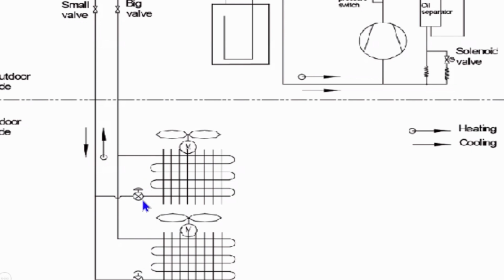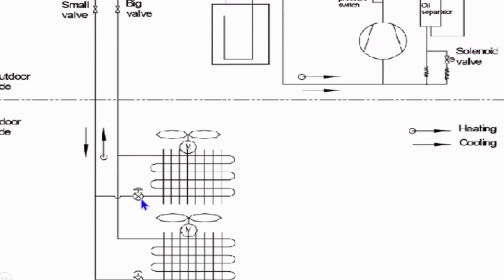Look at the EEV step. Let's say that thing's open at 150 steps, and that inlet temperature sensor is basically room temperature. What does that tell you? I'm not getting any refrigerant into that coil. Could I have a bad EEV? Yeah, most likely. Or a restricted strainer.